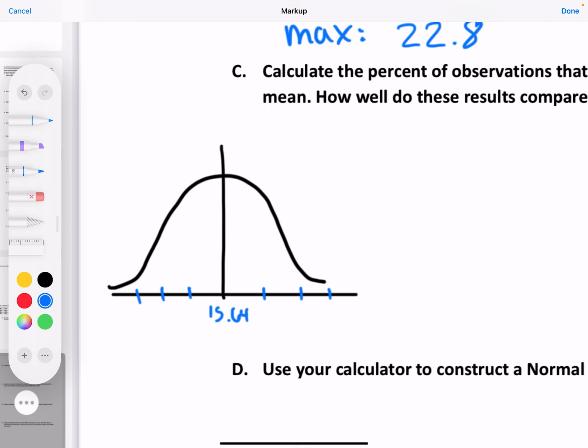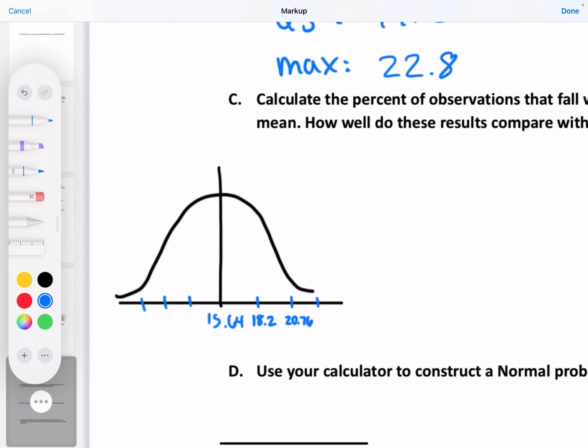The first one is 18.2. And then 20.76. And then 23.32.